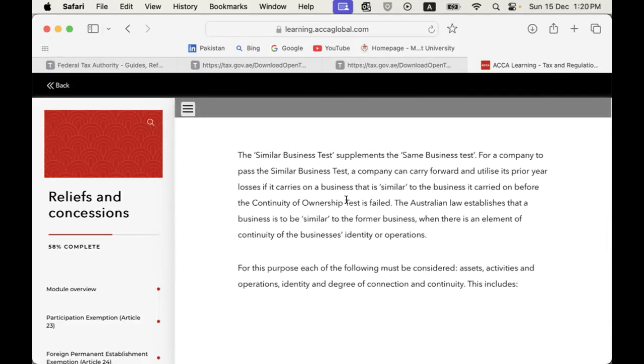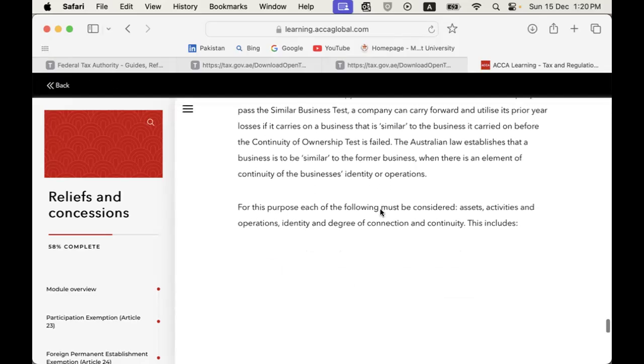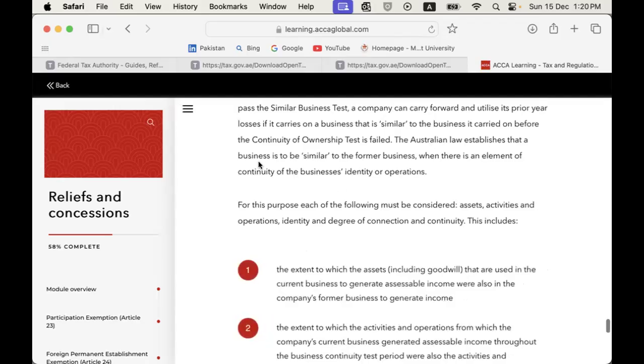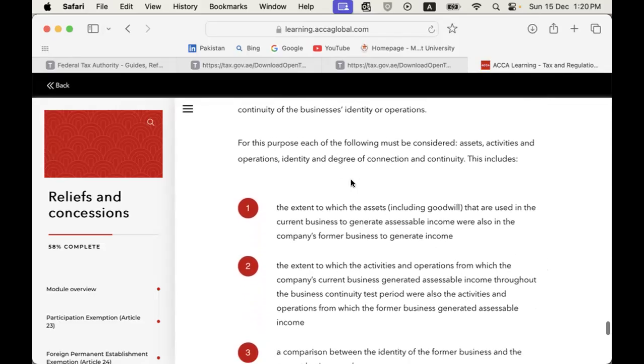Similar business test supplements the same business test. For a company to pass the similar business test, a company can carry forward and utilize its prior year losses if it carries on a business that is similar to the business it carried on before the continuity of ownership test is failed. The Australian law establishes that a business is to be similar to the former business when there is an element of continuity of the business identity or operation.